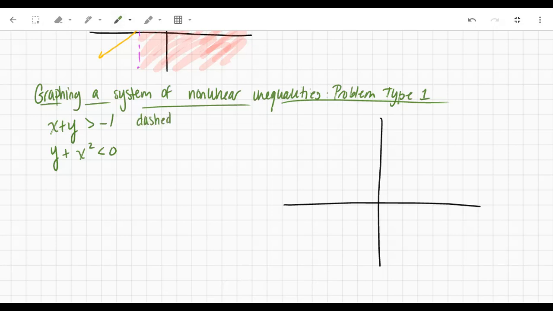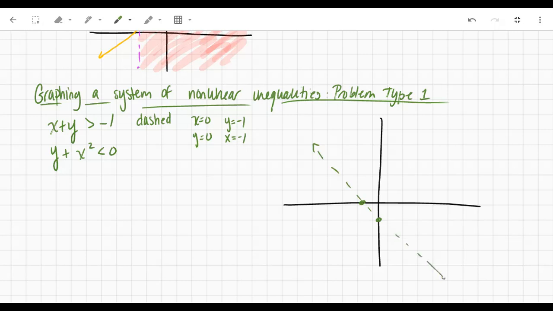If x is 0, y is negative 1. If y is 0, x is negative 1. So we can do (0, negative 1) and (negative 1, 0) with a dashed line.